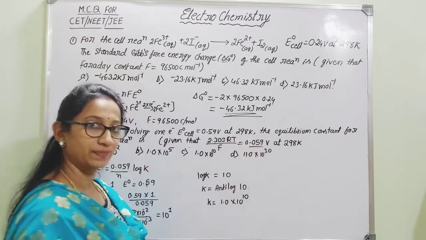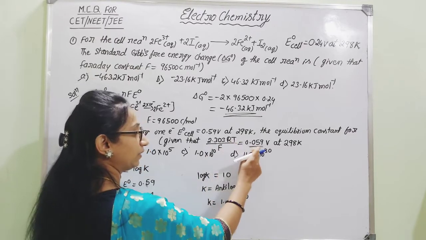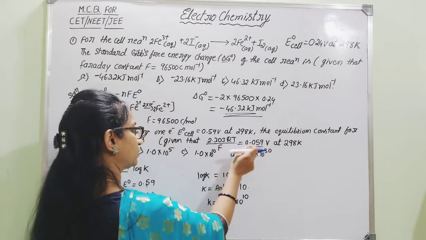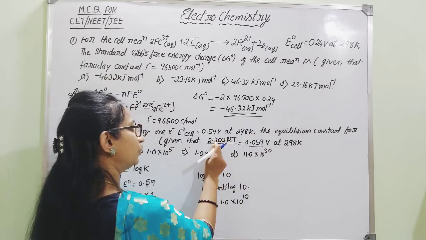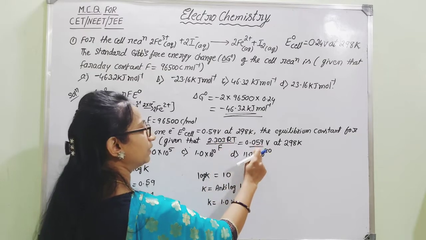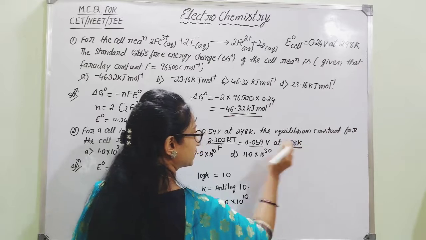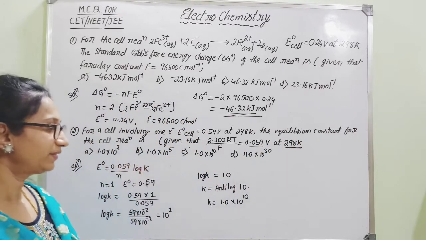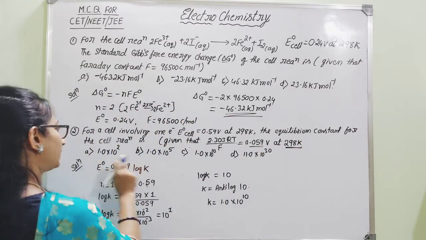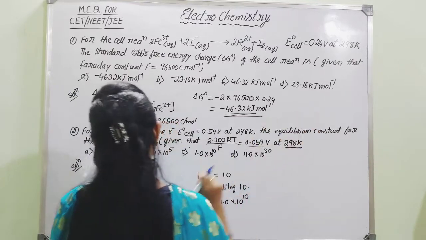Other than the temperature 298, you will not get this answer, mind it. So here he has given that hint, 2.303 RT by F value. If you simplify these values, you will get the answer 0.059 volt, that is at exactly 298 Kelvin. And he has mentioned the values, that is the equilibrium constant.